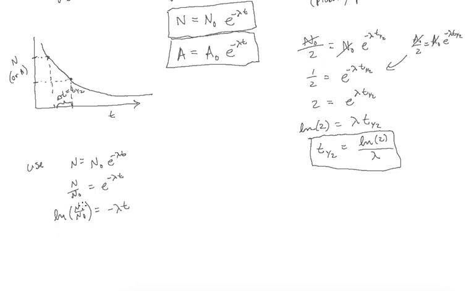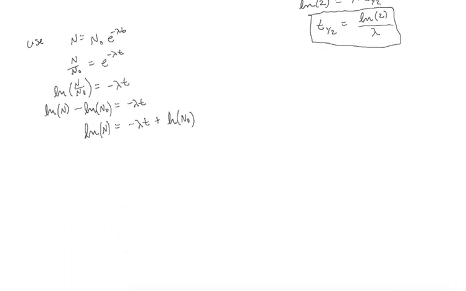Remember, when you're dividing, the natural log can be expanded out as natural log of n minus natural log of n naught equals negative lambda t. And then, of course, natural log of n is equal to negative lambda t plus the natural log of n naught, okay?